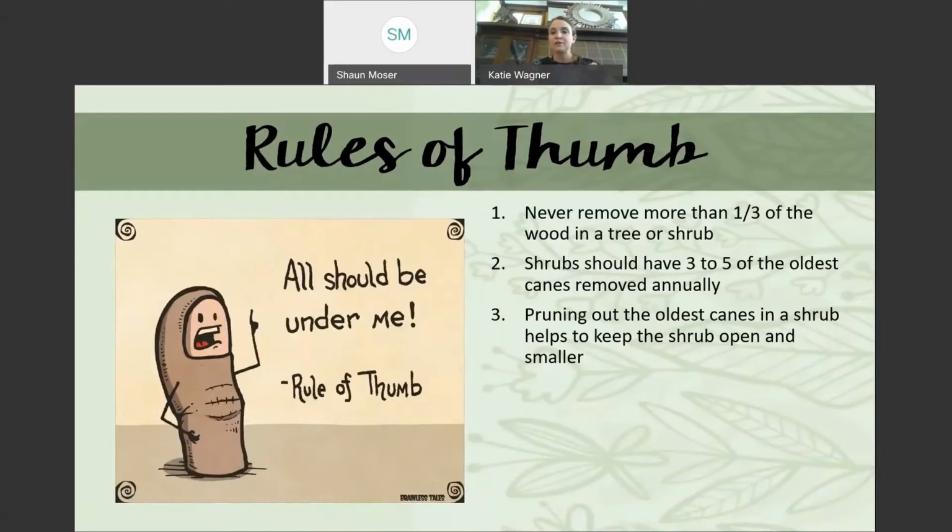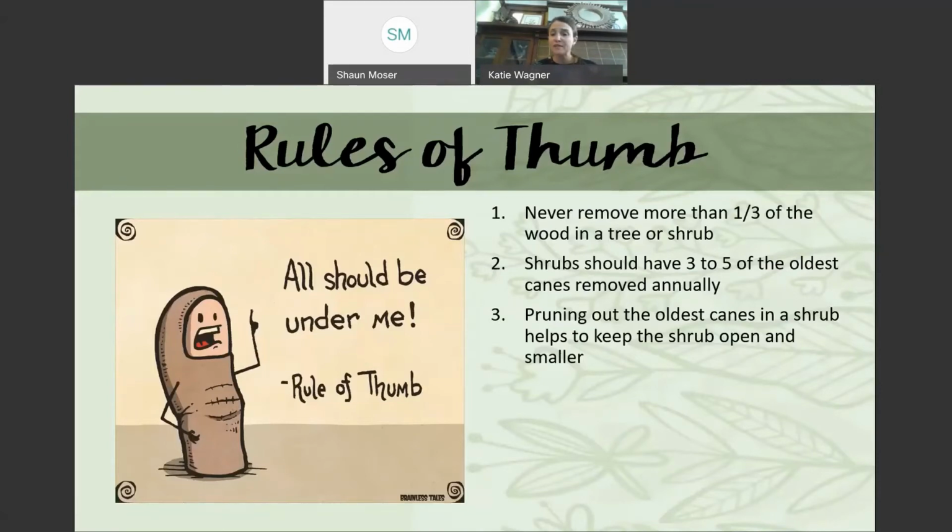Pruning out the oldest canes helps to keep the shrub open, and it also helps to keep it smaller. I also wanted to add to this for just a second, and then I'm going to show you a few of her funny little pictures, and then we'll open it up for Q&A. I want to talk about some common mistakes that I see out in the landscape.